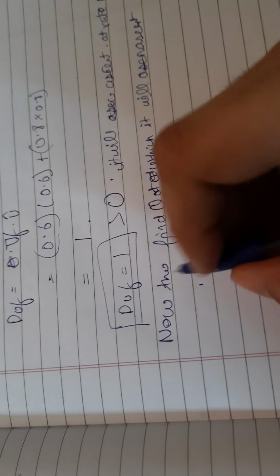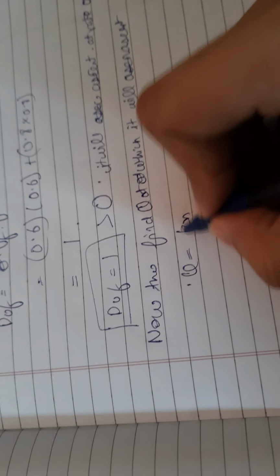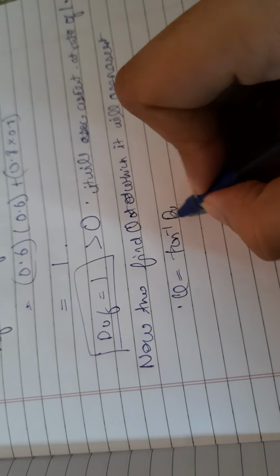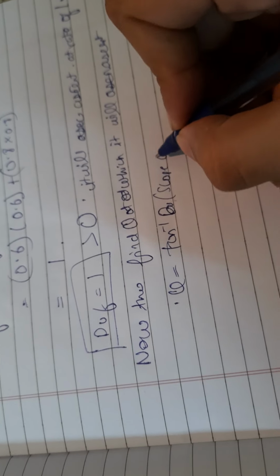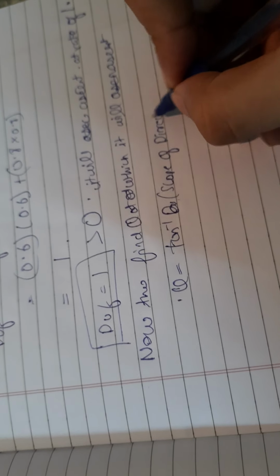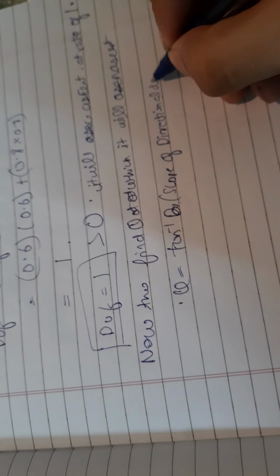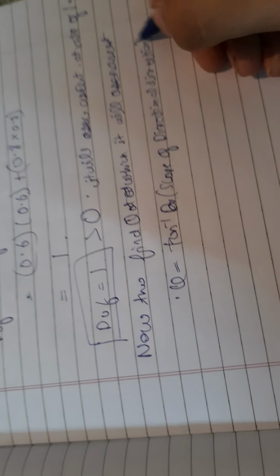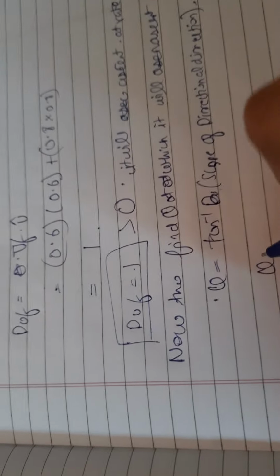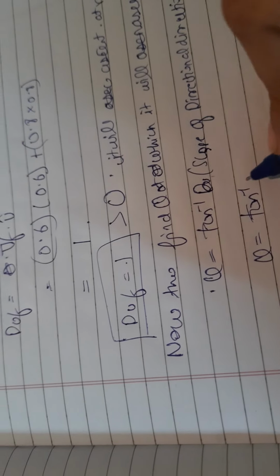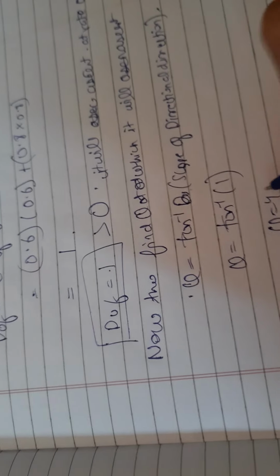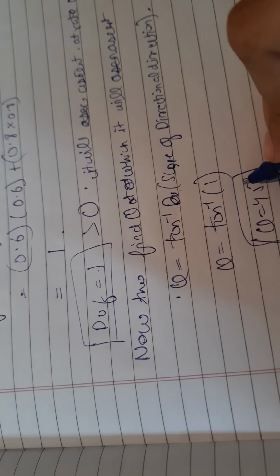We can say theta is equal to tan inverse of the slope, which was 1 here. So theta is equal to tan inverse of 1, hence 45 degree.